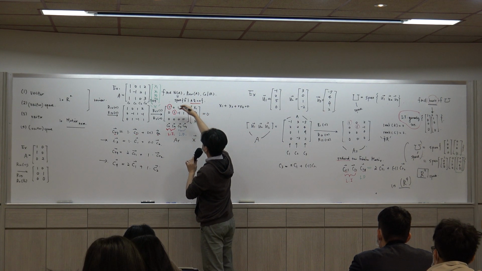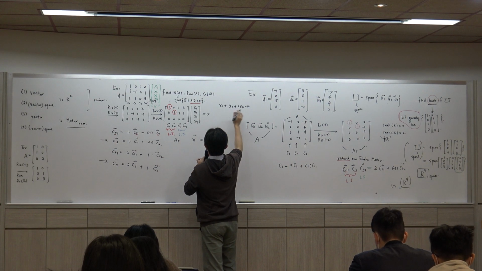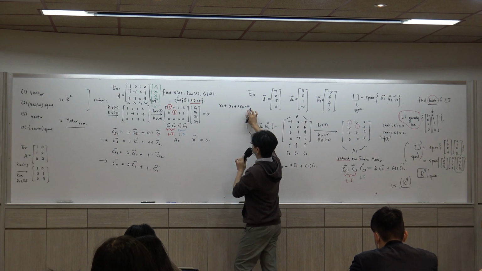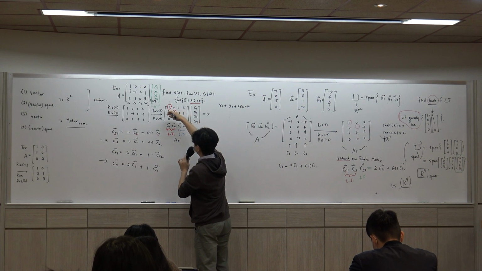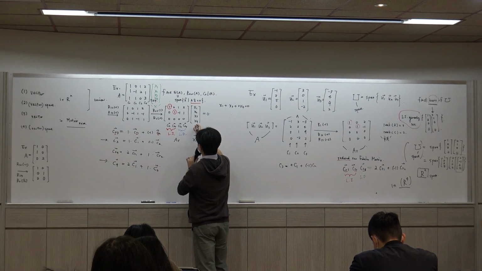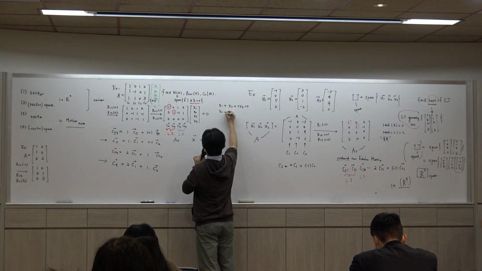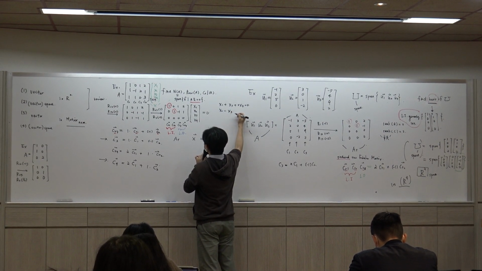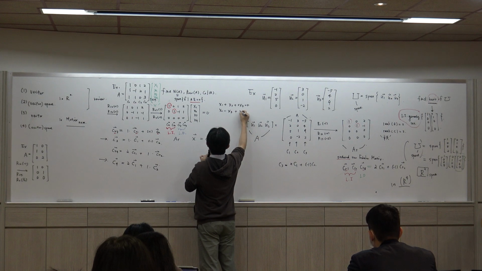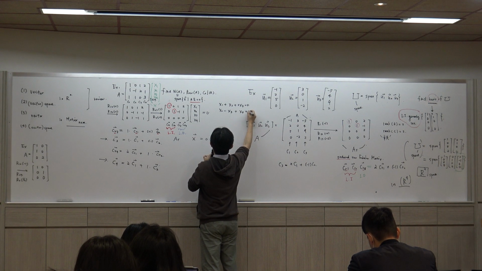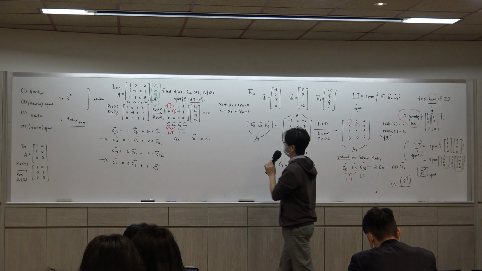For the second row, we have S2 minus S3 minus S4 equals 0, right?